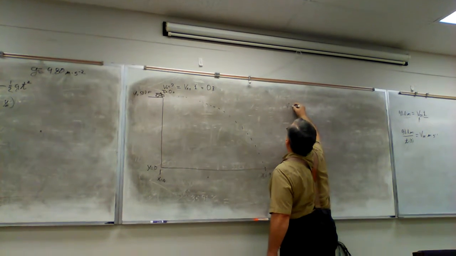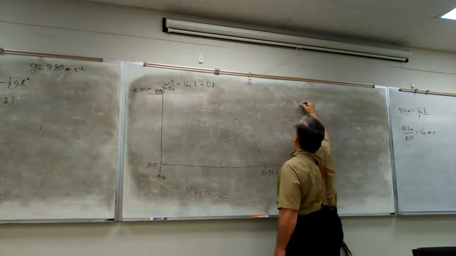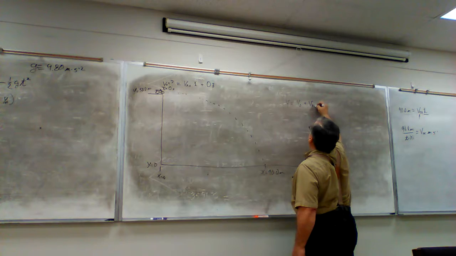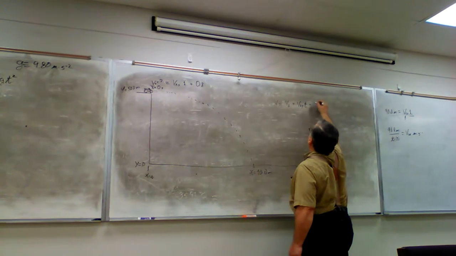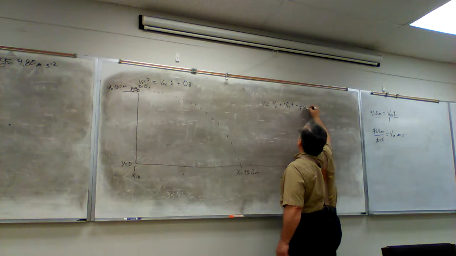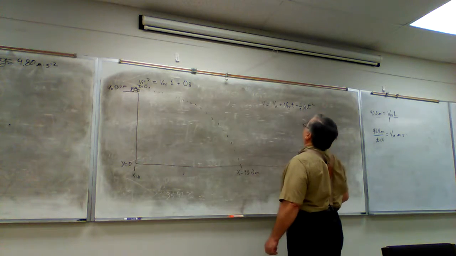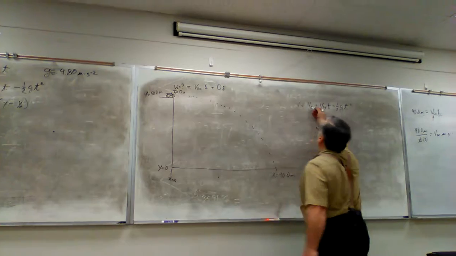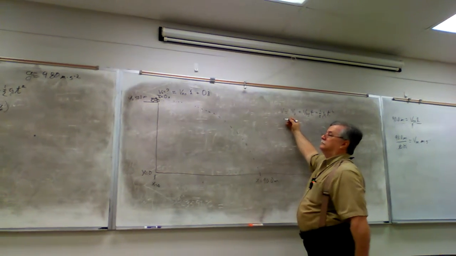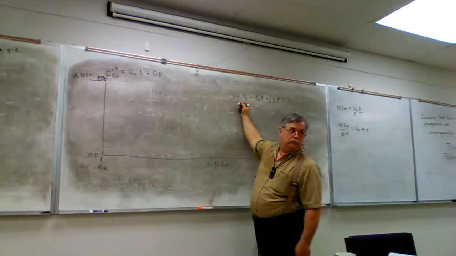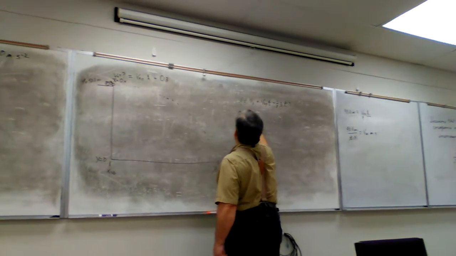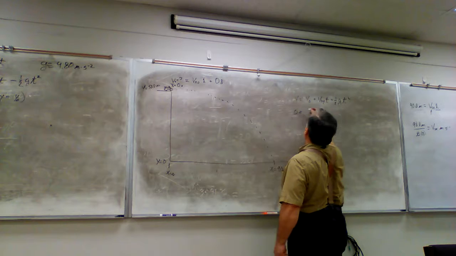y equals y sub naught plus v sub naught y times time minus 1/2 g times time squared. Did I get that right? Okay. What is y? What is y final? Nope, the final y. 0. y sub naught is plus 50 meters.